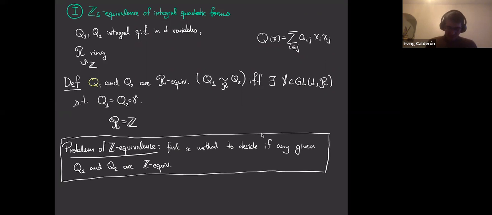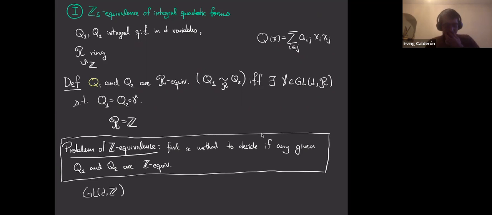Okay, so we want a method that we can actually apply in practice. And the way in which we'll approach this problem, well, to say it in a naive way, the problem with this is that we have to search for an equivalence matrix in the infinite group GL_d(Z).